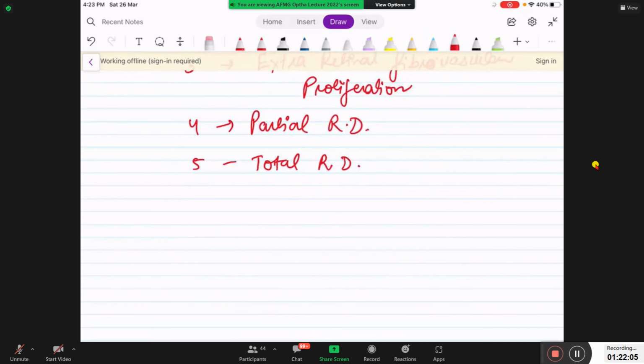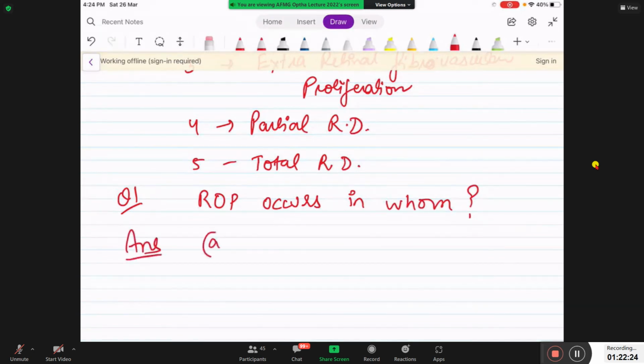Now write down question number 1, after the stages. ROP occurs in whom? Write down the answer.